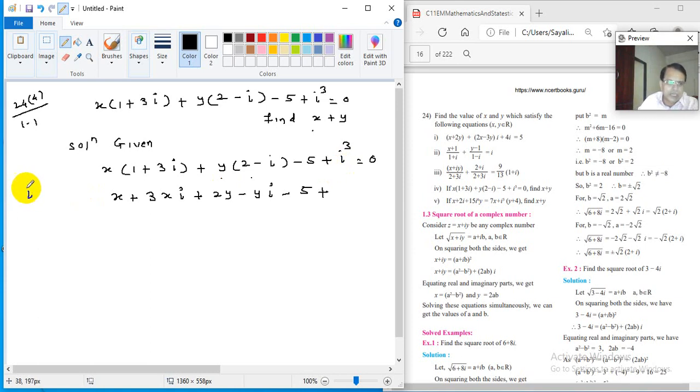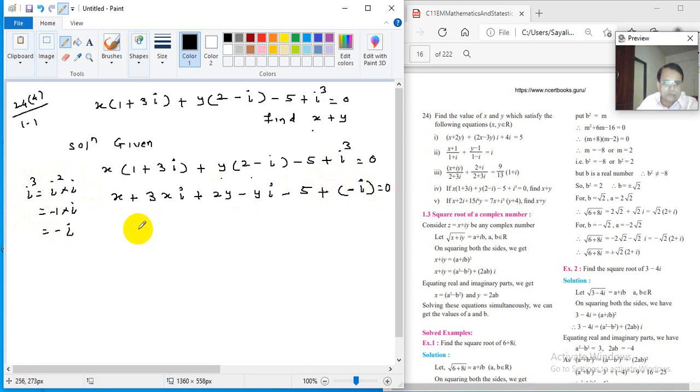Now you know what is i cube. i cube is i squared into i, and i squared is minus 1, so it is minus 1 into i, so it is minus i. So here this i cube I can replace by minus i.